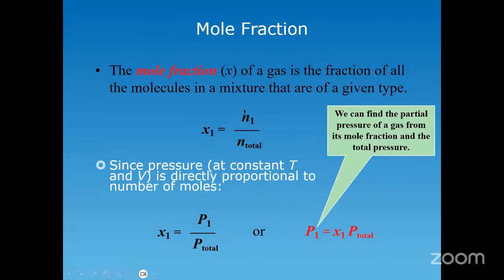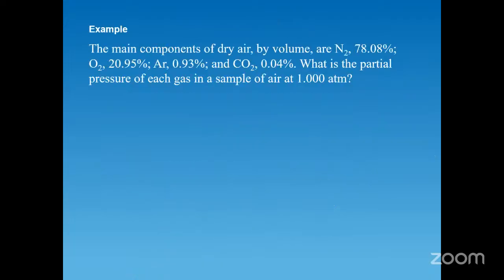Even though the earlier one is the actual definition, if the temperature and volume are fixed, then we can express the mole fraction as equal to the pressure of that particular gas divided by the total pressure of all the gases in the mixture. And therefore we can rearrange this to get this. So if you know the mole fraction of the gas, we can determine the pressure of that gas in the mixture by multiplying the mole fraction by the total pressure. All right. Okay, I'm going to stop there.